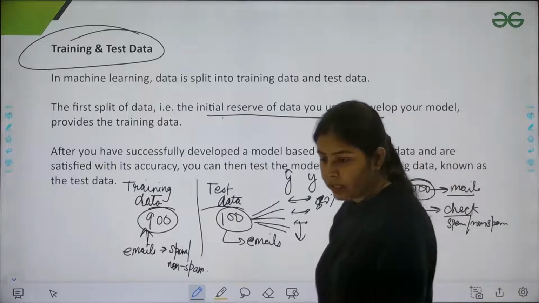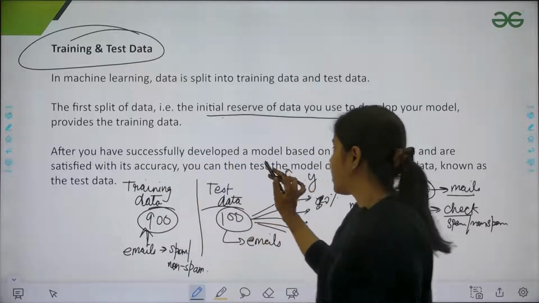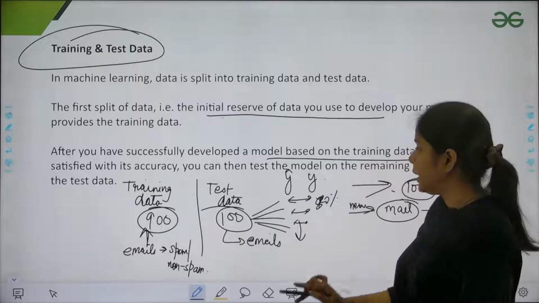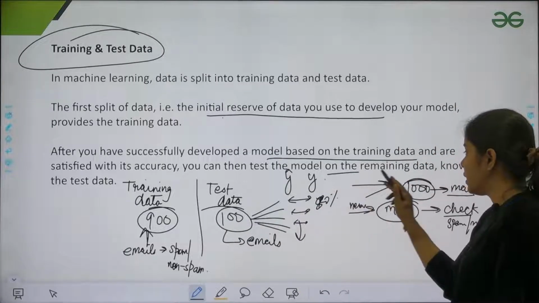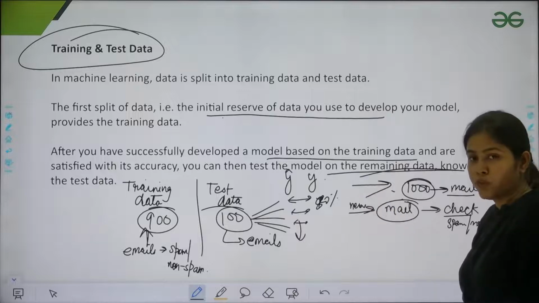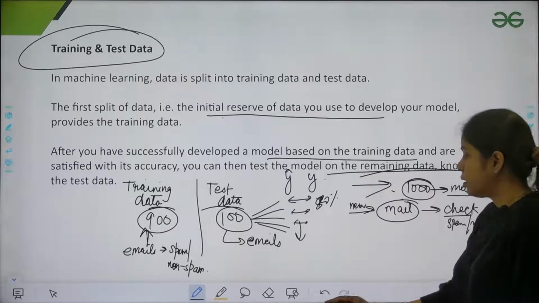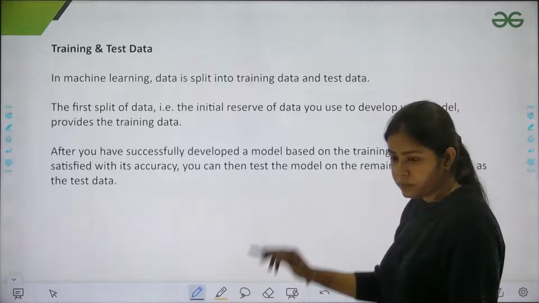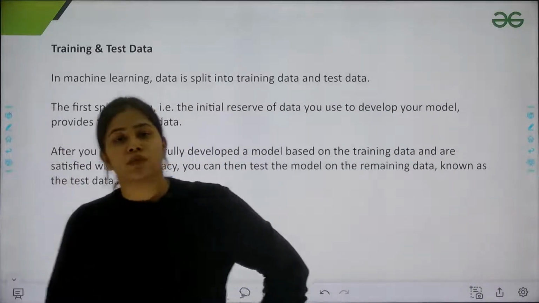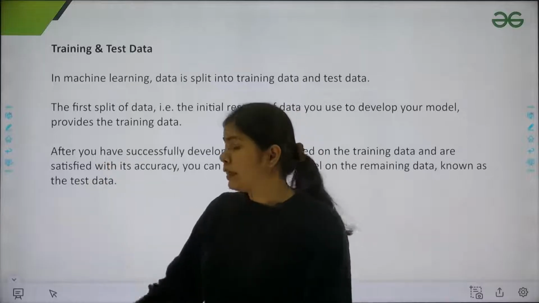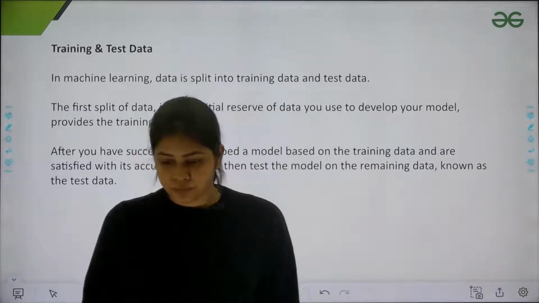We call that training data. After you have successfully developed a model based on the training data, and are satisfied with its accuracy, you can test the model on the remaining data, known as test data. So I hope that is clear. Just let me know guys if there is any confusion between test data and training data.